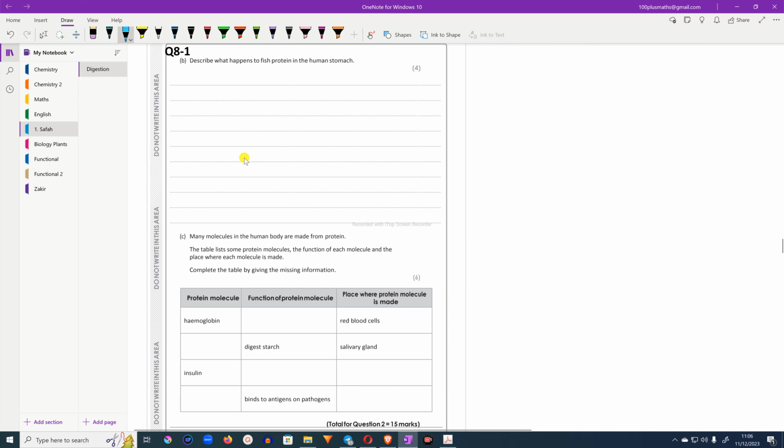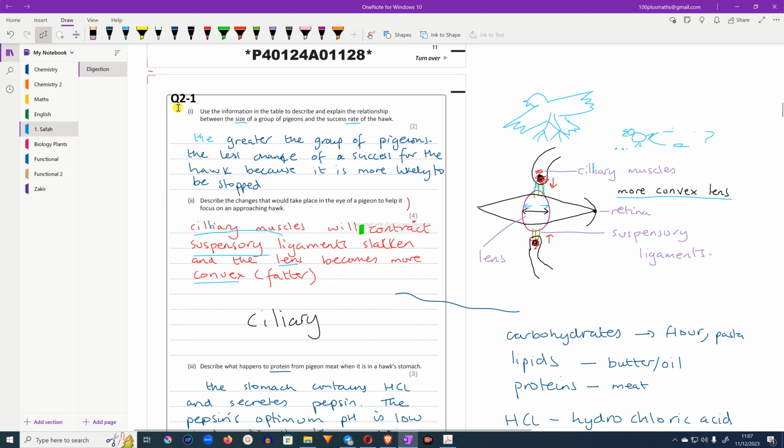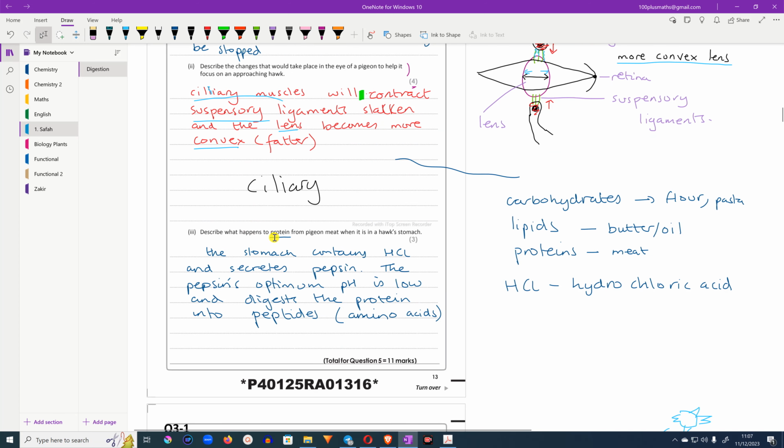Right, okay. Let's look at this. What happens to fish protein in the human stomach? Didn't we just do that earlier? Yeah, we did in question 2. So what happens to protein from the pigeon meat?